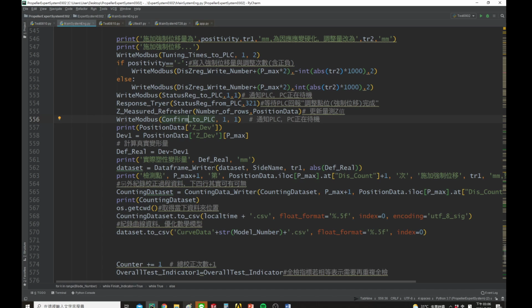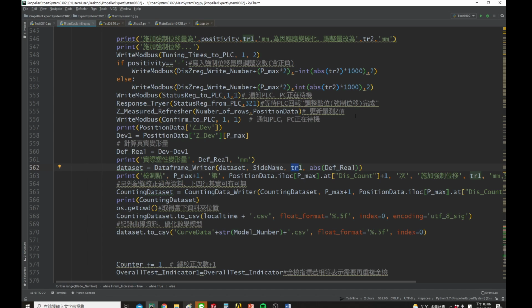And then we have TR1, which is our calculated value.